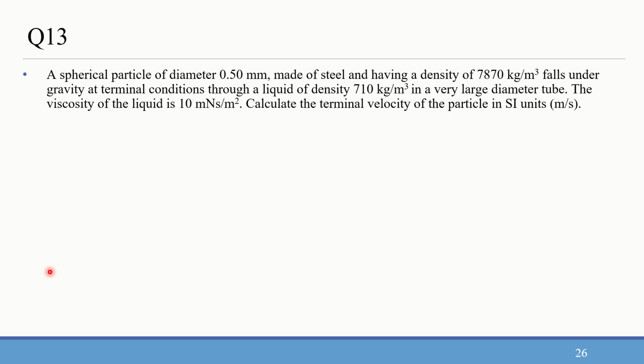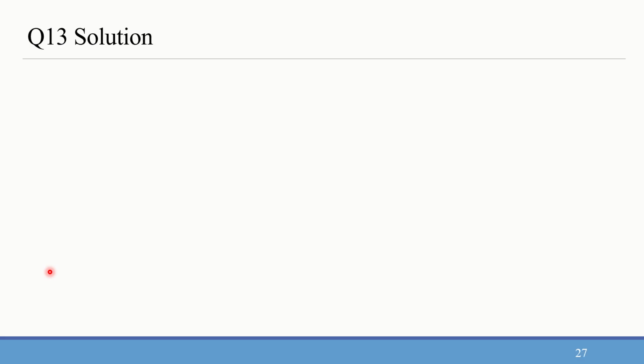First, since we don't know the Reynolds number, we can't know in which regime it is flowing, so we can't directly use the VT formula. First thing we can do is assume the flow regime to be Stokes regime. We can first calculate the velocity using the Stokes regime formula and later re-verify it using the Reynolds number. So first we'll do that.